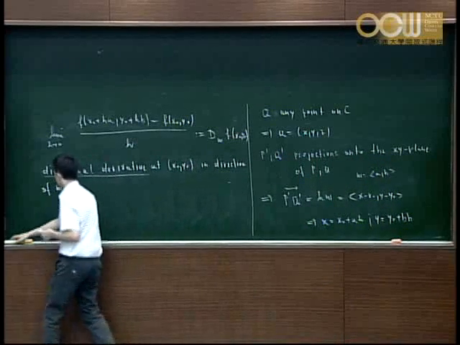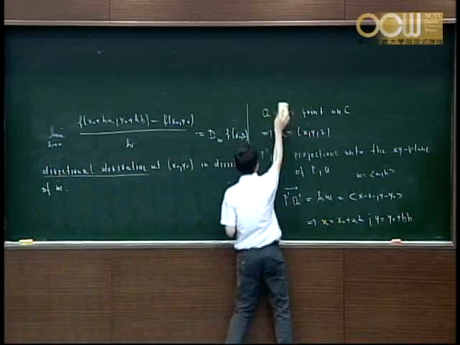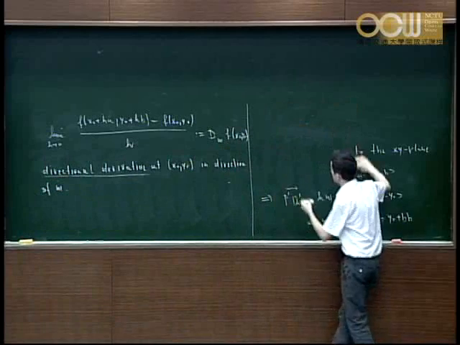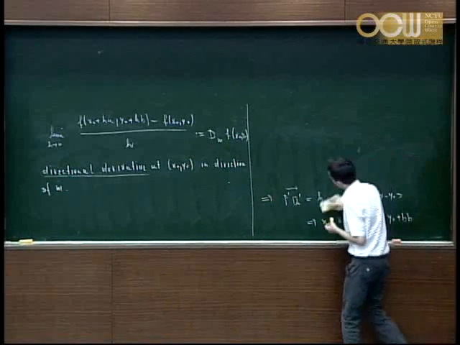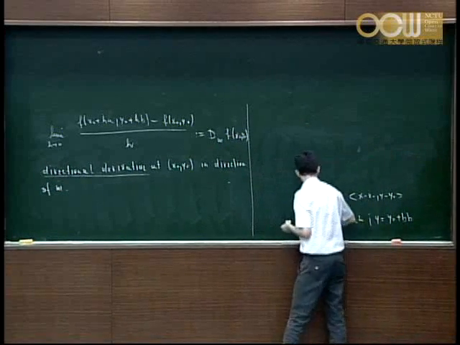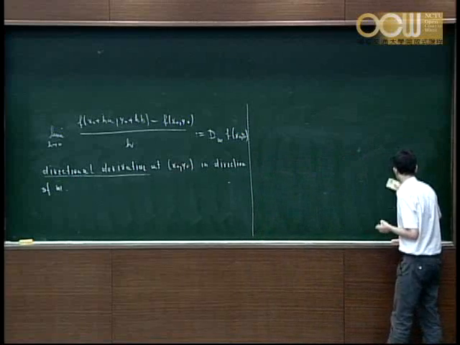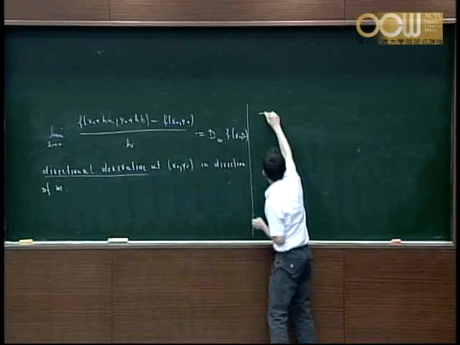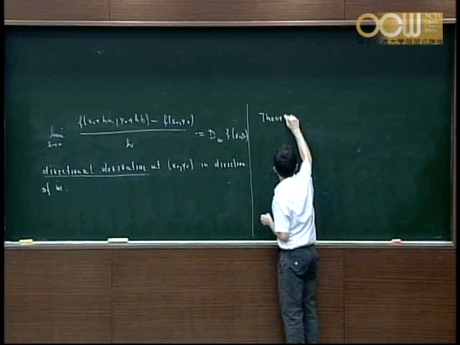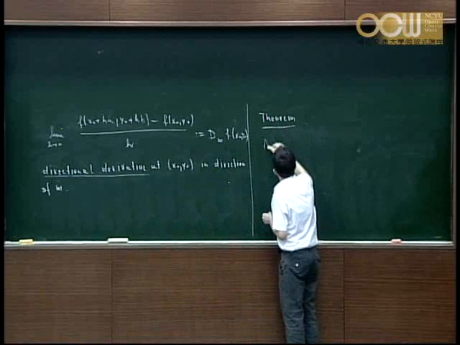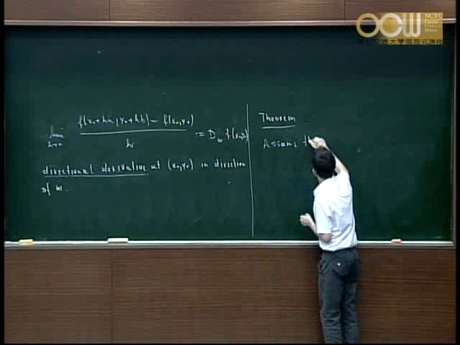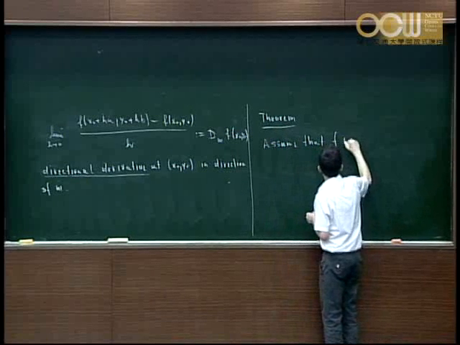So this is the next theorem in our textbook, which tells you that if f is differentiable, then all the directional derivatives exist and can be computed quite easily. So this is the following result. Assume that f is differentiable.